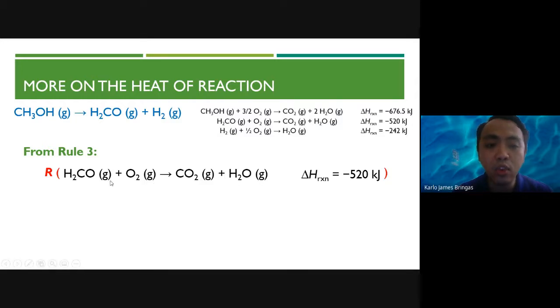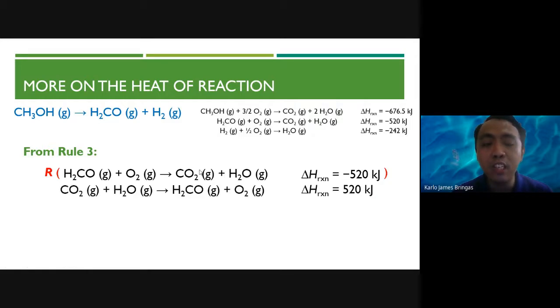And ito, the H2CO and the oxygen, will just bring it over to the product side. So getting the reverse reaction gives us a new thermochemical equation na naman. So we just basically flipped over the positions ng reactants and products of the original thermochemical equation.